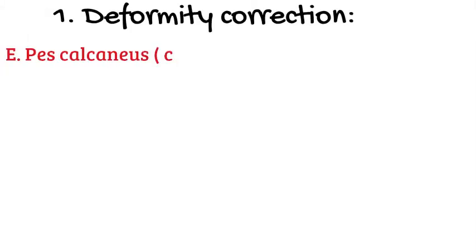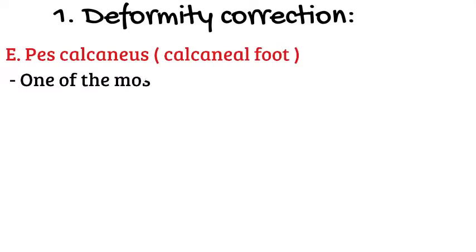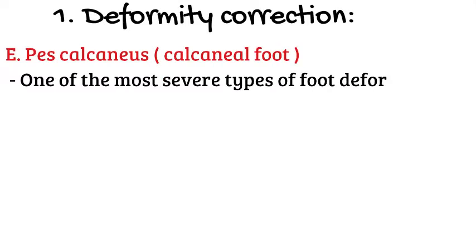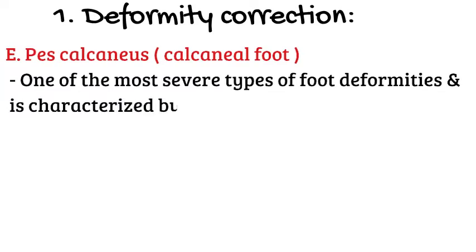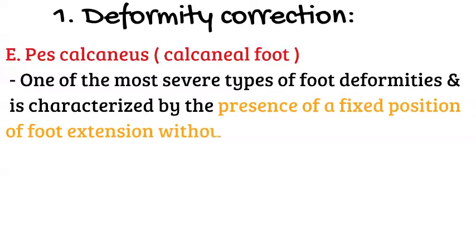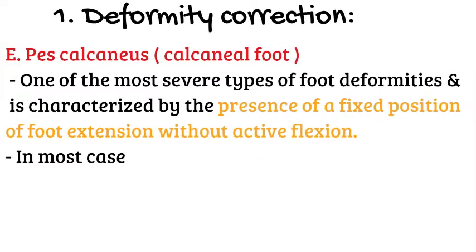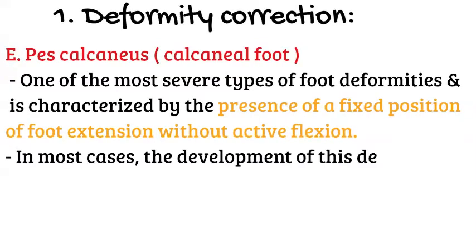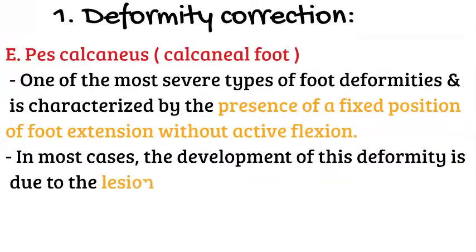E, for pes calcaneus or calcaneal foot. It is one of the most severe types of foot deformities and is characterized by the presence of a fixed position of foot extension without active flexion.